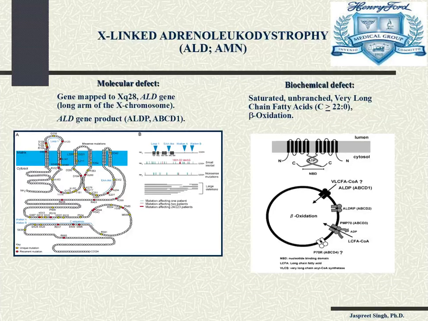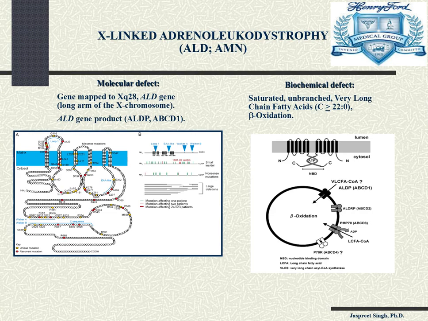The gene in this case is called the ATP binding cassette family D1, or ABCD1 gene. The common name is also ALDP, because that's the protein it codes for, the adrenoleukodystrophy protein. ALDP is an integral membrane transporter protein.